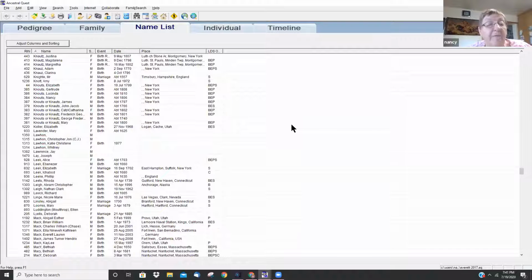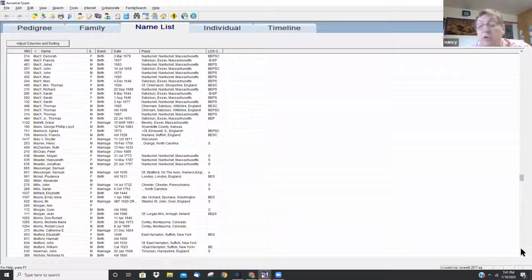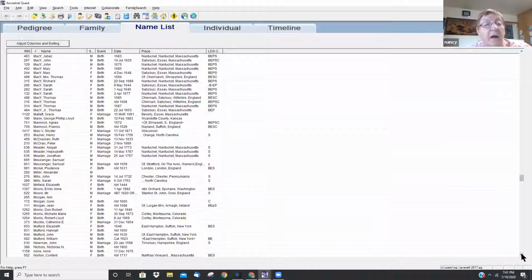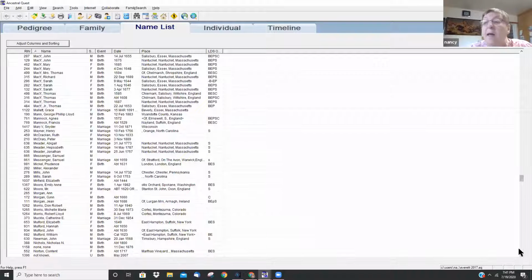But if I open up Ancestral Quest and I go to the Wildens, and I go to Anderson's, and again, my pictures are kind of blocking my screen. I think maybe I need to move it over a little bit.